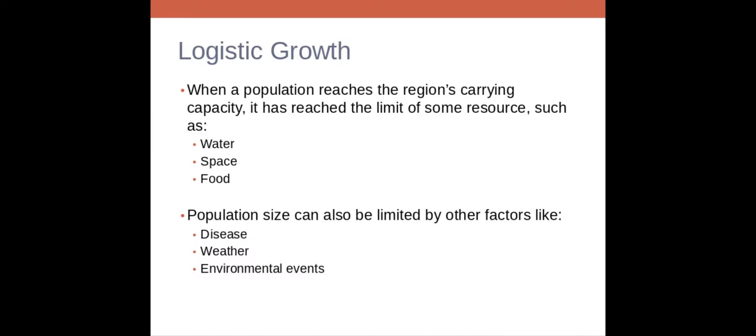Some other things that can affect population size are disease and environmental events, which we see quite often here in Colorado. But the main things that will slow a population's growth down are limits to water, space, or food. Space is important: the ecosystem or area that the population is living in needs to have enough space to support all of the individuals of the population.